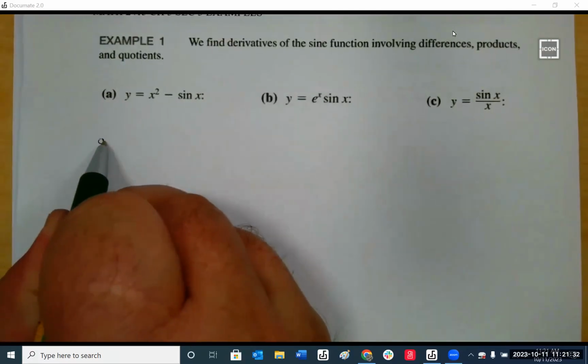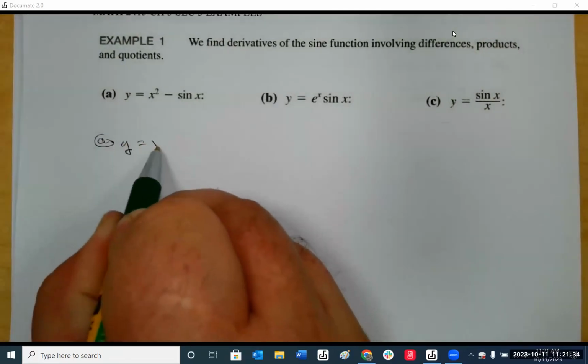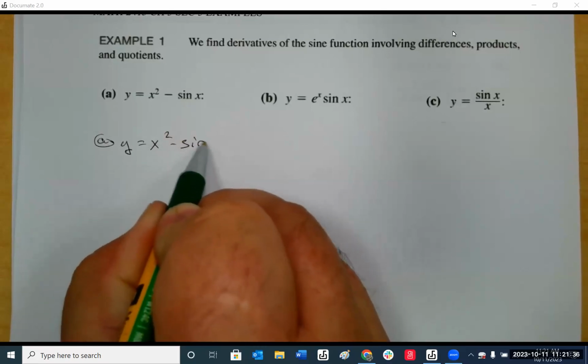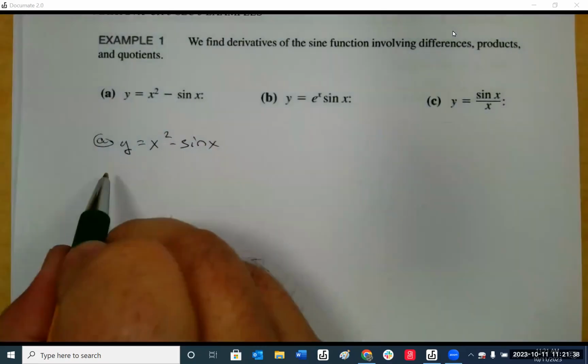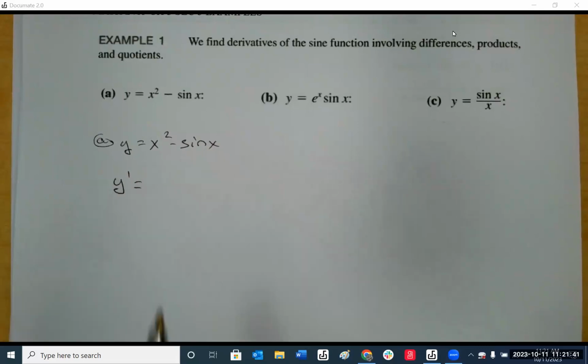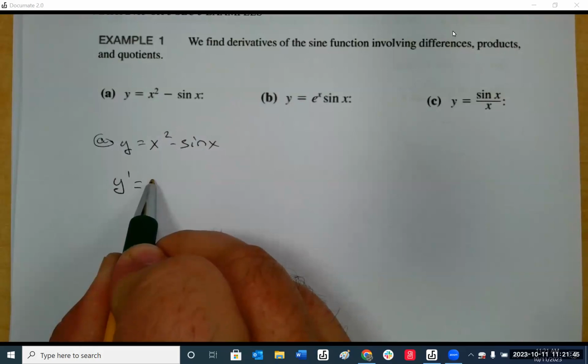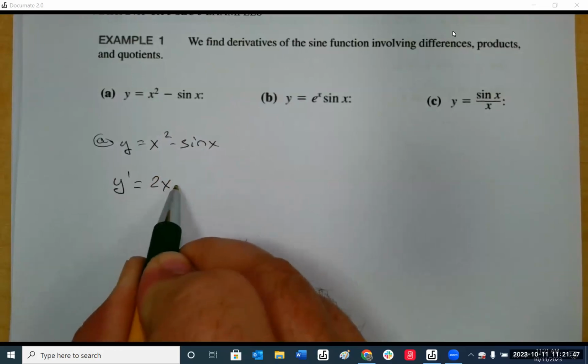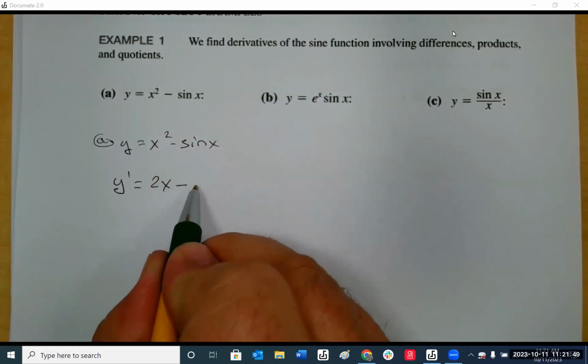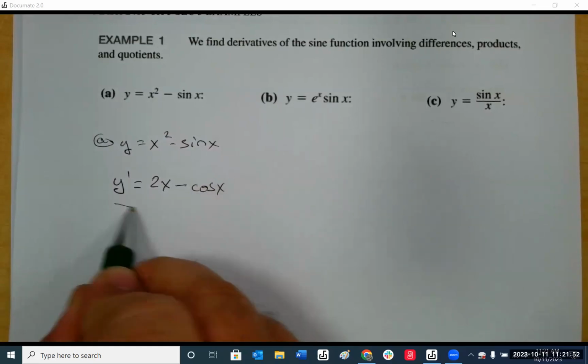Okay, A. y is equal to x squared minus sine x. We could just do these by section. Derivative of x squared is 2x minus the derivative of sine, and there you have it.